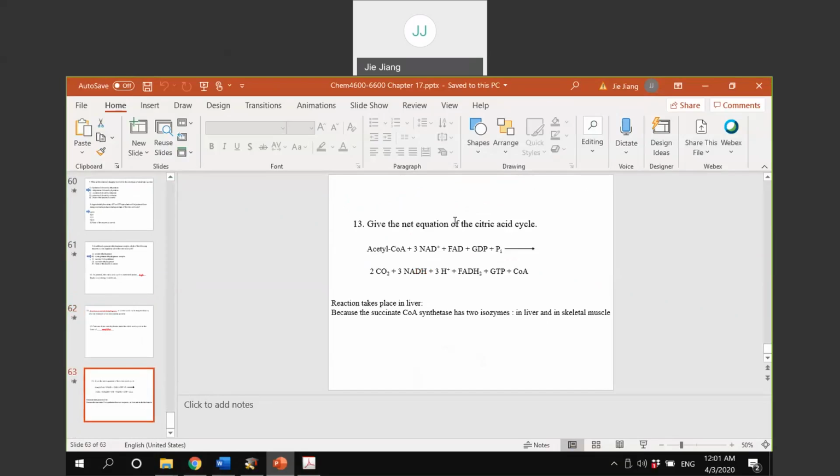The net equation for the citric acid cycle, you don't need to remember exactly this equation. What you need to know is it produces 1 FADH2, 3 NADH, and 1, here written as GTP. If you write ATP, that's also right. Okay, those are the important things you need to know. So that's all for chapter 17.